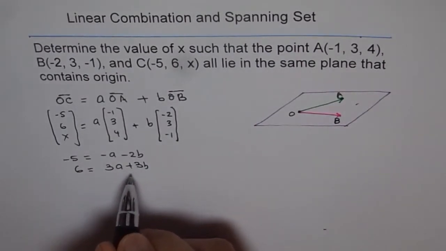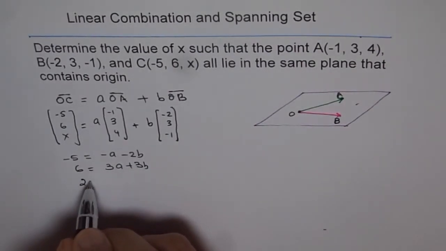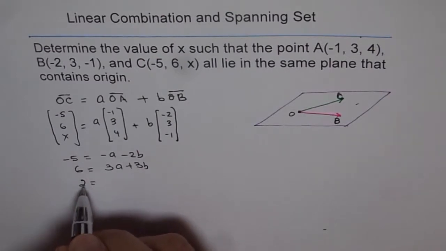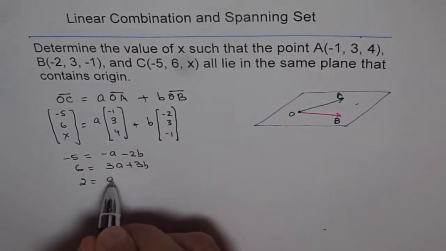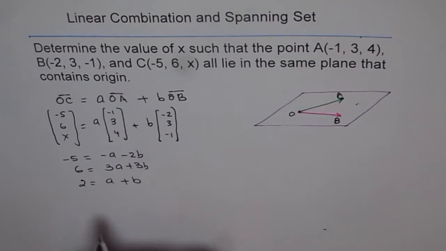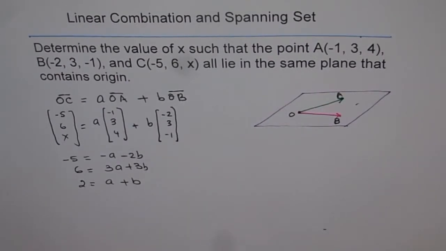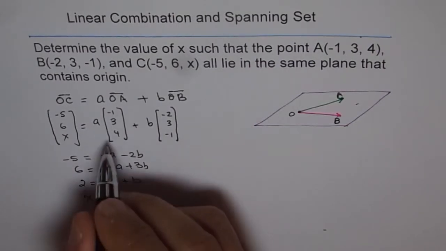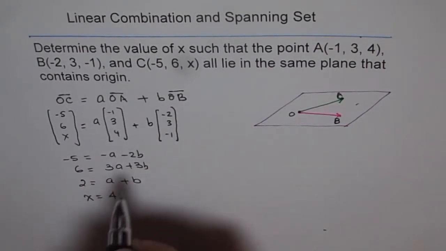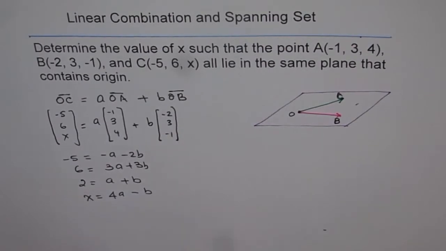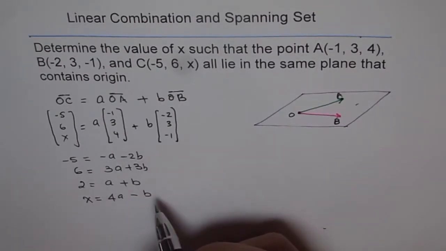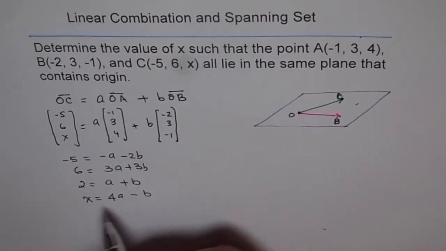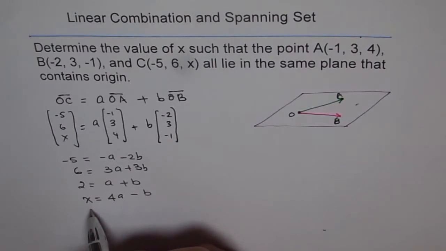This can be simplified by dividing both sides by 3: we get 2 equals a plus b. And the third one is x equals 4a minus b. These are our equations, and let's number them so that we can use them to solve for a and b, and then eventually find the value of x.